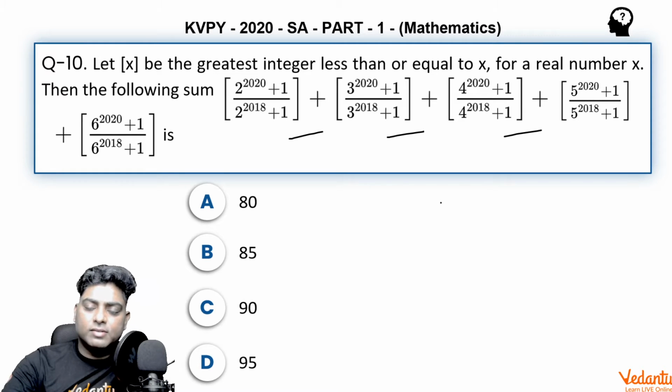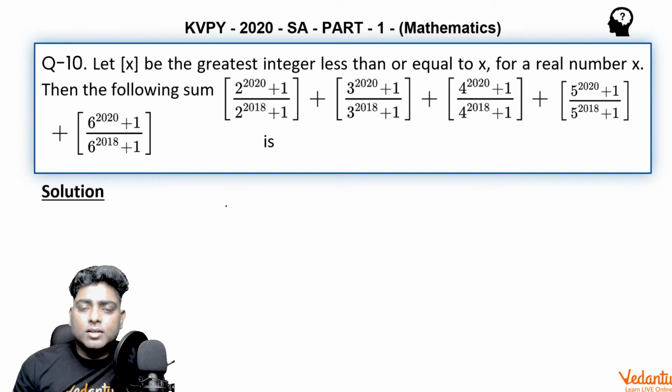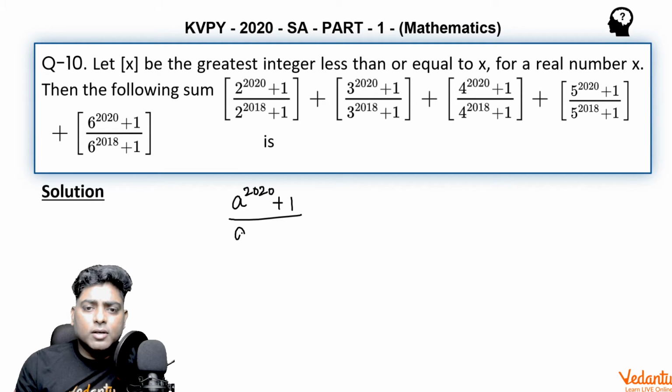Let's see how we can solve it easily. Rather than taking different terms one by one, I'm going to write a general term: a raised to the power 2020 plus 1 over a raised to the power 2018 plus 1.